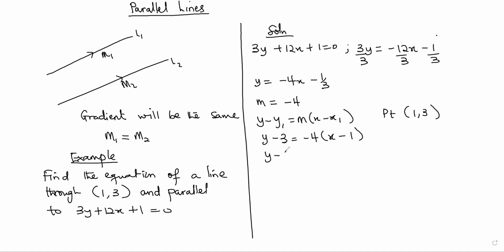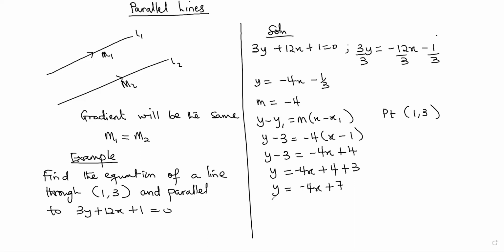And so we expand. So this will be minus 4x. Negative times negative is positive, so positive 4. So we have minus 4x plus 4. When this one crosses, it turns positive 3. So y therefore will be negative 4x plus 7. And that is the equation of the line.